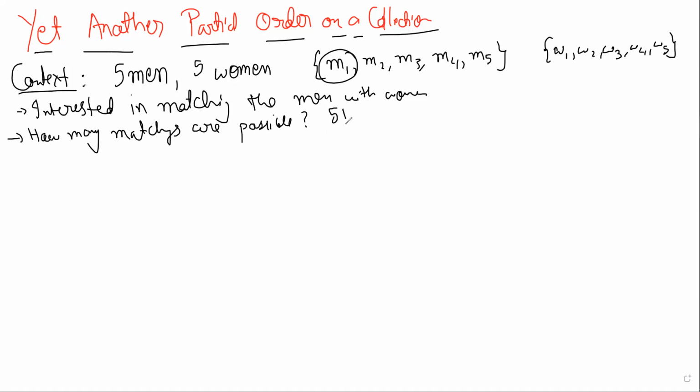If there are no conditions, then there are 5 factorial. Actually, there's something called stable matchings that we are interested in, but for now, let's consider there are no conditions and the 5 factorial matchings.